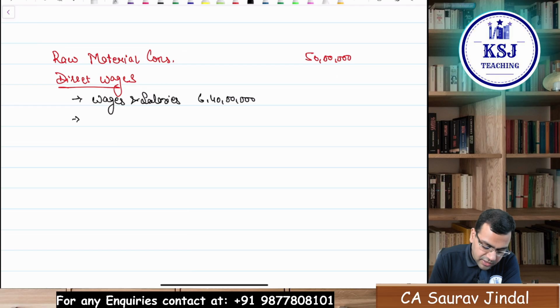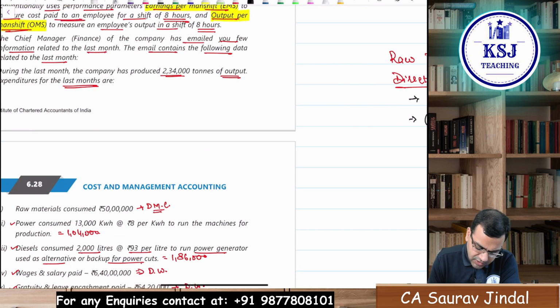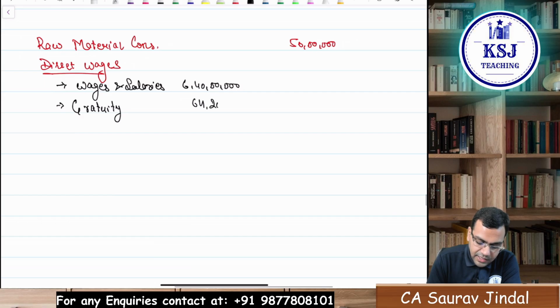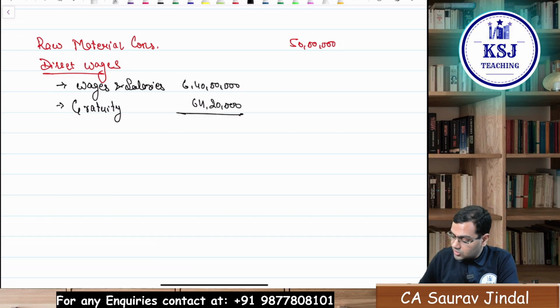The second component is your gratuity of 64 lakh 20,000. So this is the total amount of the direct wage cost. So 6 crore 40 lakh plus 64 lakh 20,000 will come to 7 crore 4 lakh 20,000.